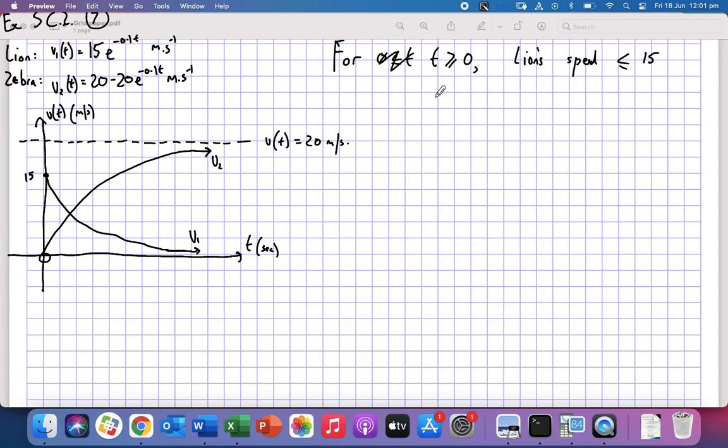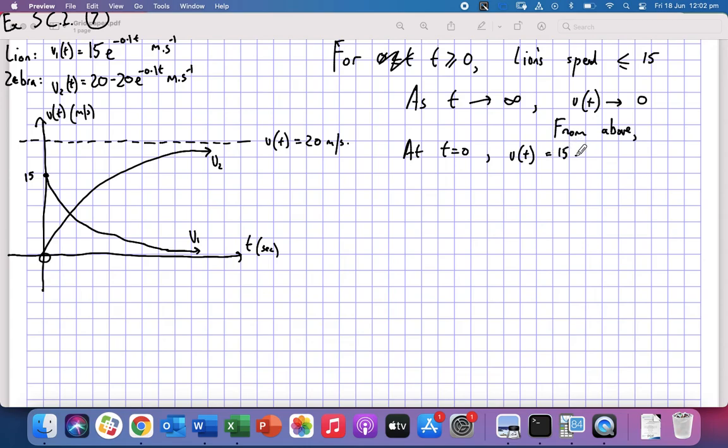You could also say as t increases, or tends towards infinity, the velocity tends towards 0 from above. Or we could say at t equals 0, velocity was 15.